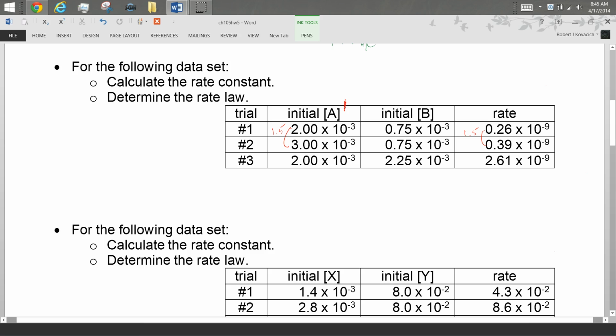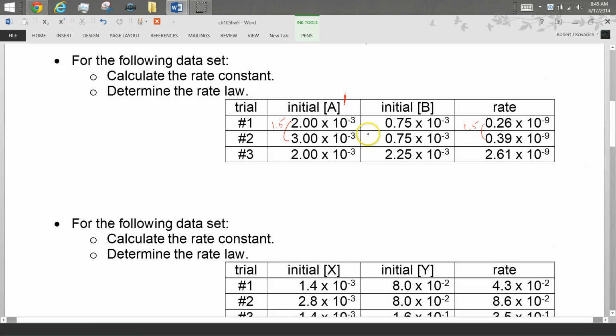And then let's try trials 1 and 3. So from 1 to 3, I get no change for A, and for B, I get a change. How much of a change is that? I got 4, 3, and 2. How about 3?